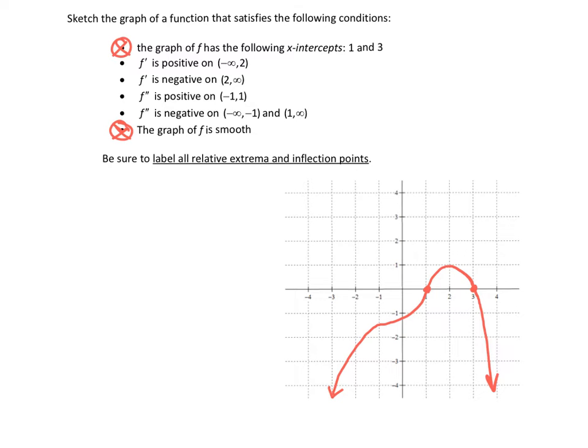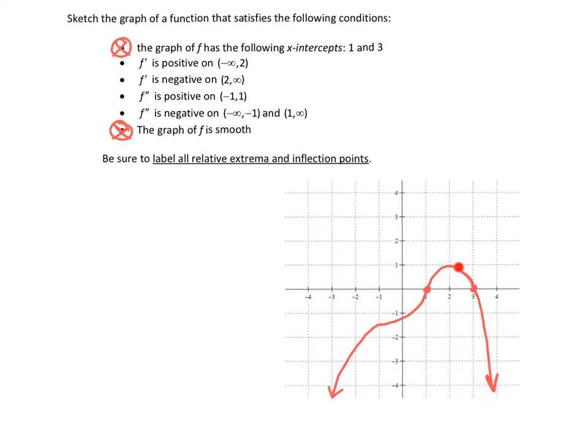So here is the graph for this particular function. You can see that the first derivative is positive from negative infinity to 2. So I have this graph increasing the whole time. Second, you can see that the first derivative is negative after 2.